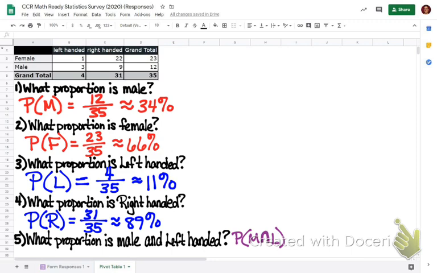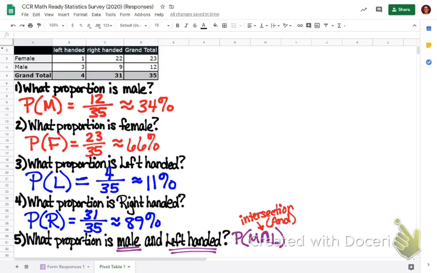upside down U shape. This is called an intersection. It's also sometimes used with the word and. So I'm looking for people who took this survey that have both of these characteristics. They are, at the same time, male and left-handed.